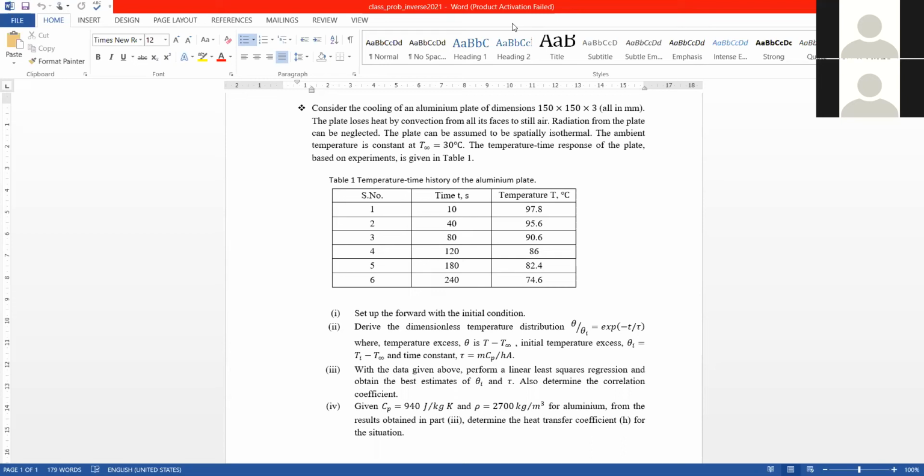All of you just take a graph sheet and convert the temperature to ln. Just take an approximate graph sheet, or if you're watching it from a phone, then go to a laptop.